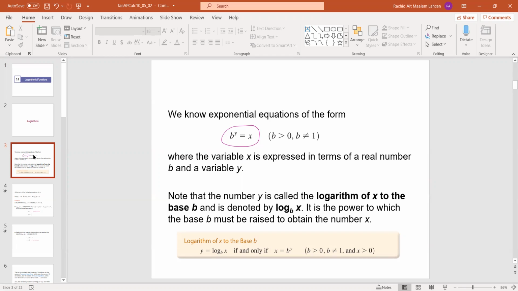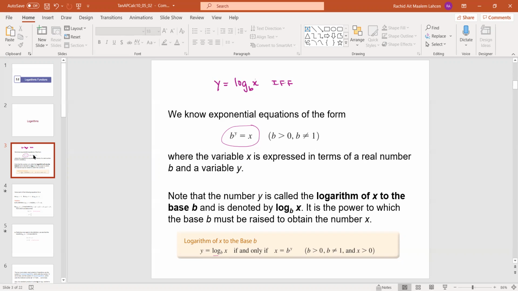So here you have y equals log x with base b, so the base is b here, if and only if x equals b power y. Look at it this way, so it's easy to remember.